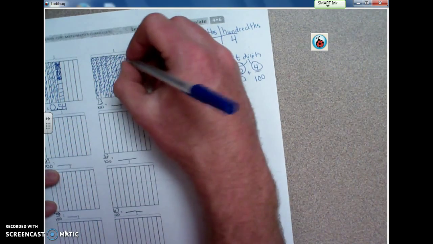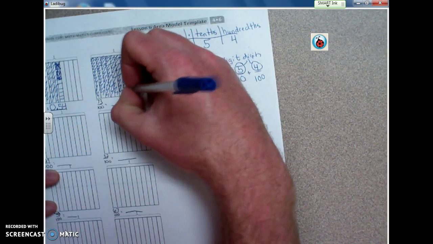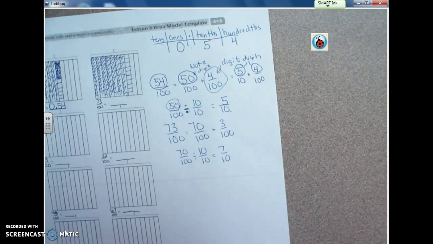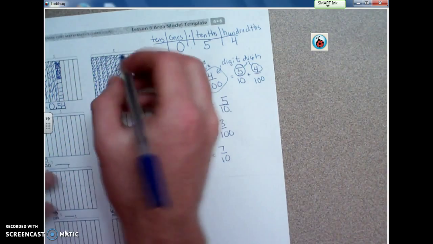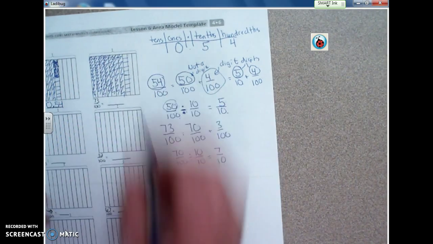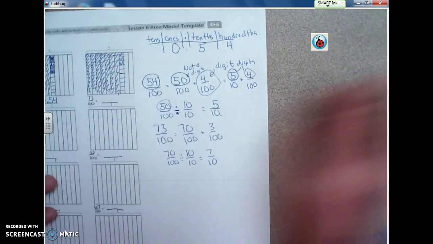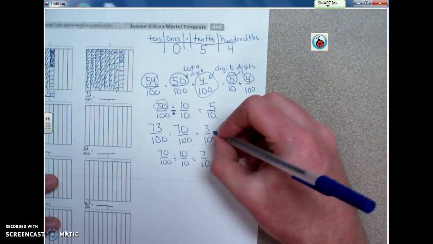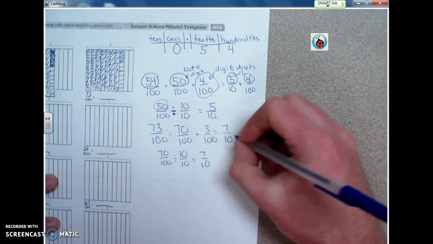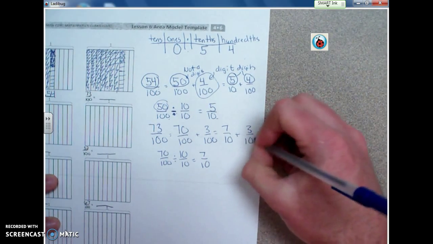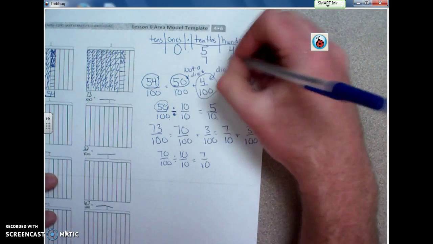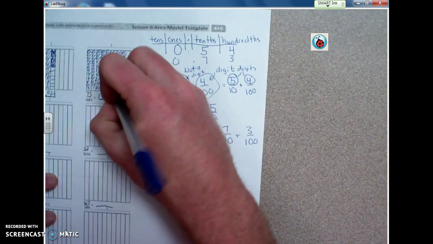So 1, 2, 3, 4, 5, 6, 7, 8, 9, 10. I'm sorry, I said tenths. I meant hundredths. So I can split each of these little pieces into hundredths and shade in 3. That gives me my 73 hundredths. So this is 7 tenths plus 3 hundredths. So my decimal is 0 and 73 hundredths.